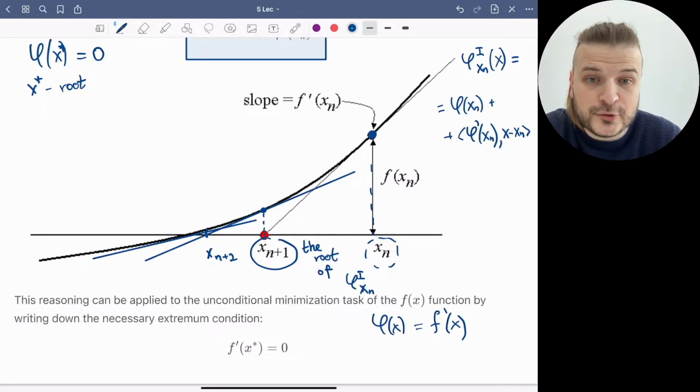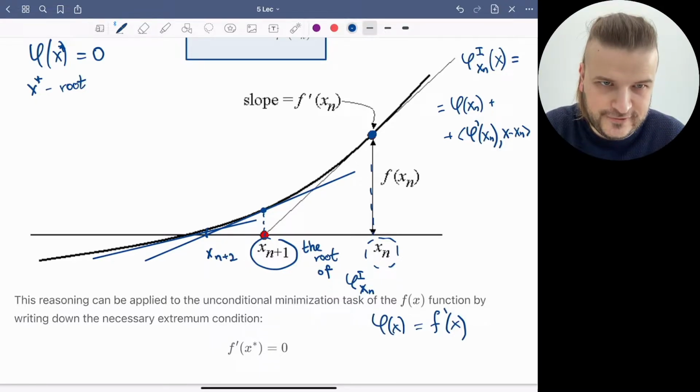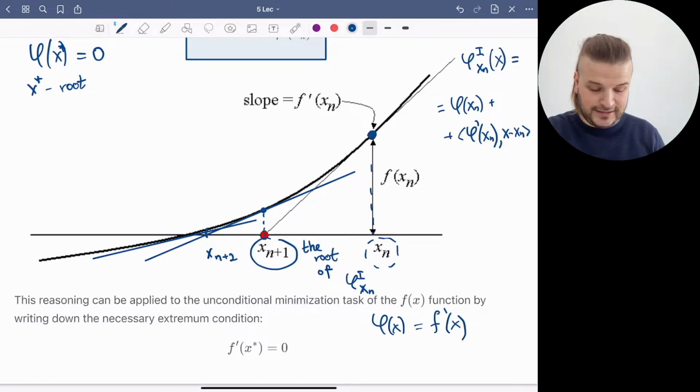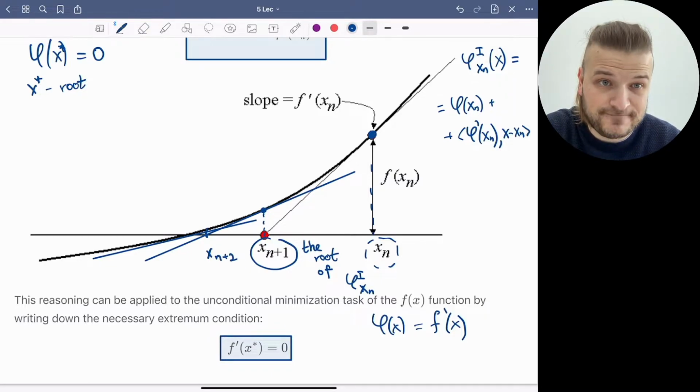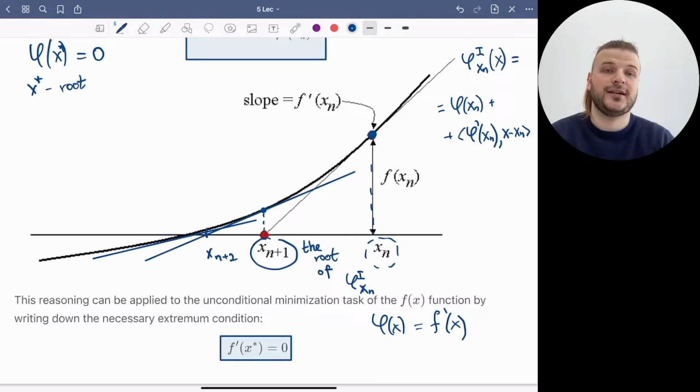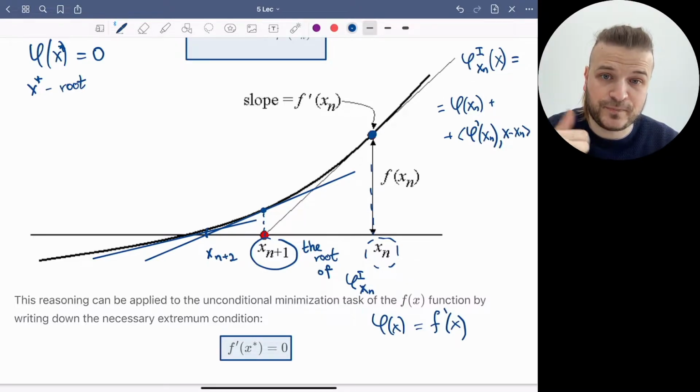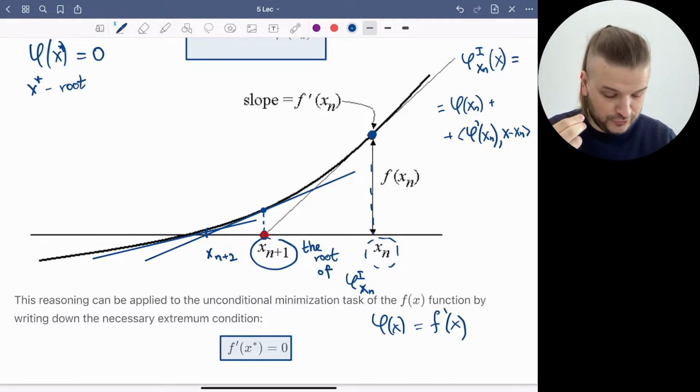And we are to find the roots of our function phi, or the roots of the derivative. But the roots of the derivative are actually critical points of our function f of x. Which means that our target and our goal here is to find the critical points using the same procedure.